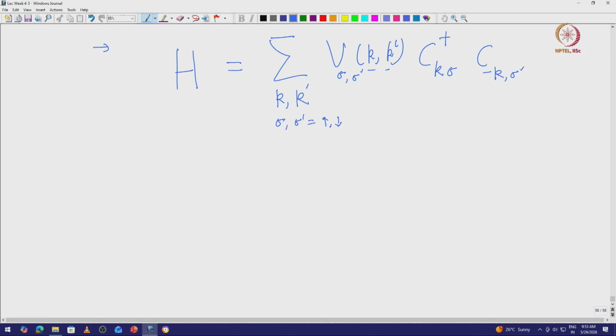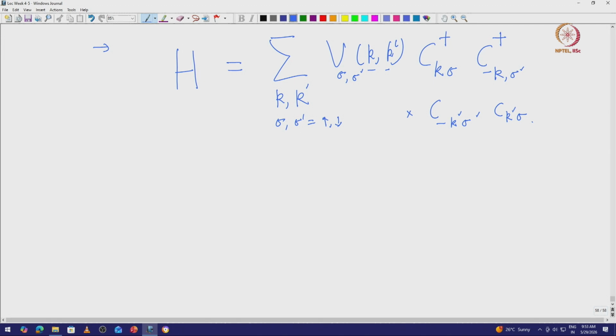So, it can be an up and down spin Cooper pair or an up and up spin Cooper pair. So, I am keeping it to be sigma prime, and then from momentum conservation and spin conservation and hermiticity condition you will see that the other two terms will be this. Okay.